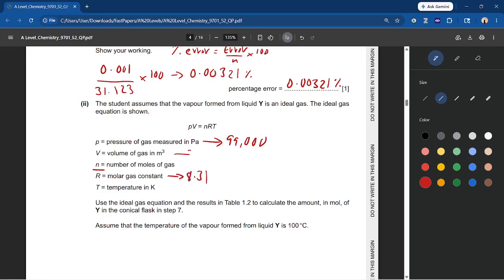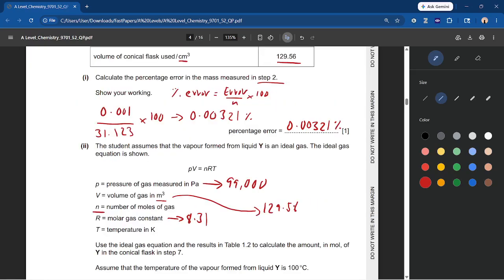Did I not write the volume of the gas? All right, so the volume of the gas, remember, it says it in meter cube. So this is important. Because it says in meter cube, and this is mentioned in centimeter cube, so this will be 129.56 in centimeter cube. So this will be divided by 100 cube.